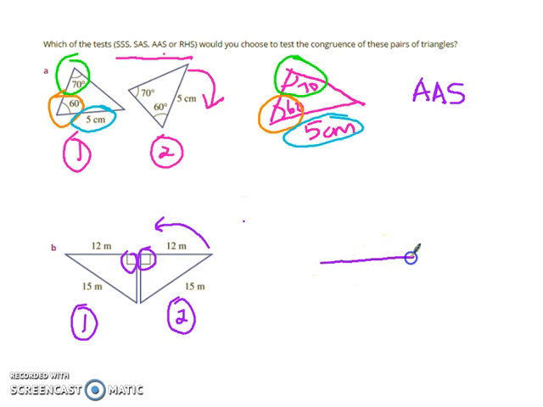So triangle 2 is going to be drawn like this. My right angle is here. My hypotenuse is 15 and my other side is 12. So I can see now that triangle 1 drawn this way and triangle 2, once I've reoriented, are exactly the same. So I would say they're congruent because they both have a right angle, the hypotenuse matches, and one other side matches.